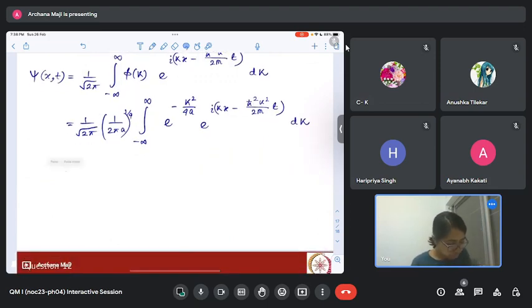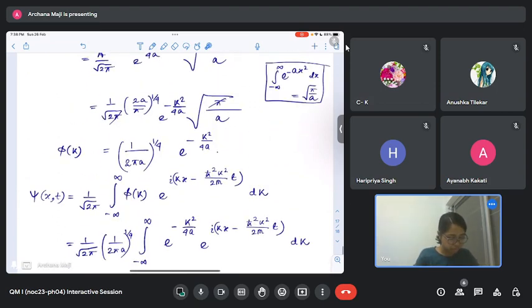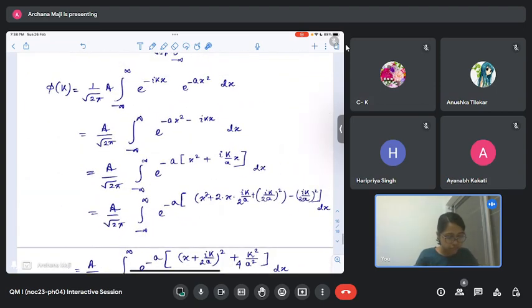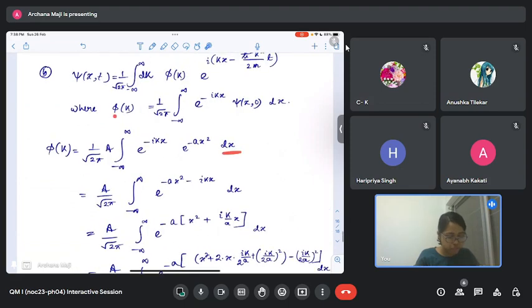Okay, now this has a similar kind of expression that we had for phi k, because it involves k square and k. Now the integration is over dk, and initially for phi k it was over dx, that was the inverse Fourier transform of psi x comma 0.